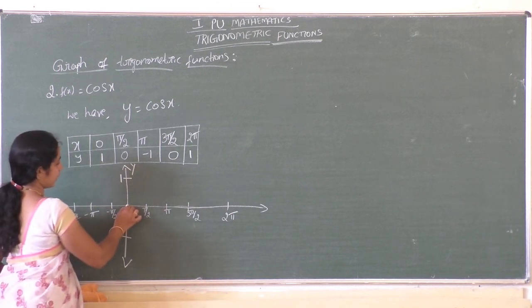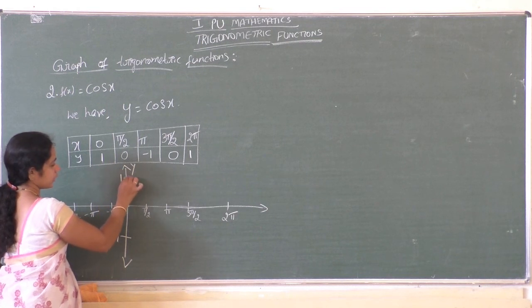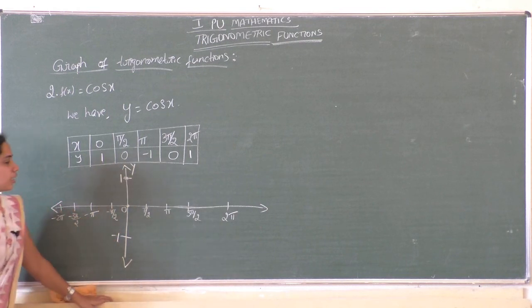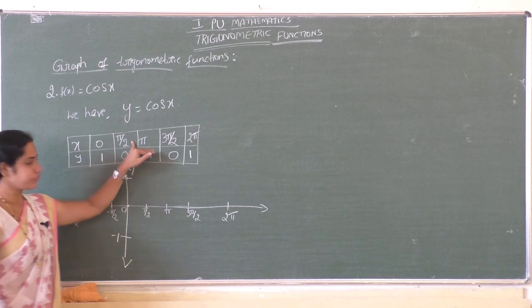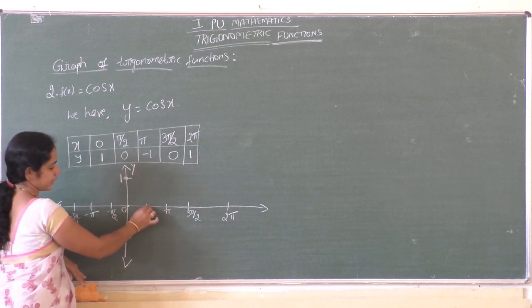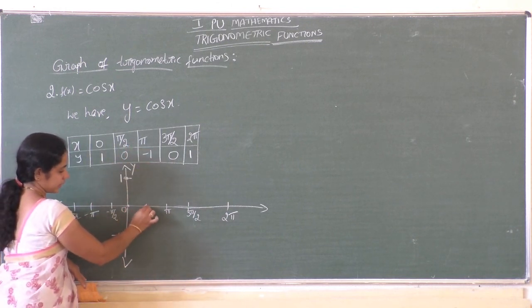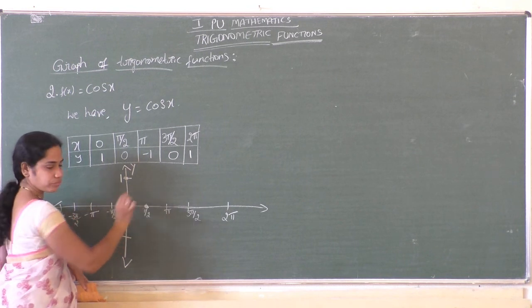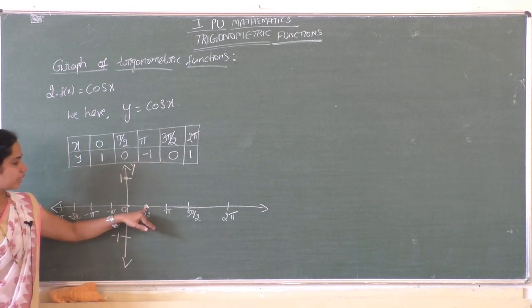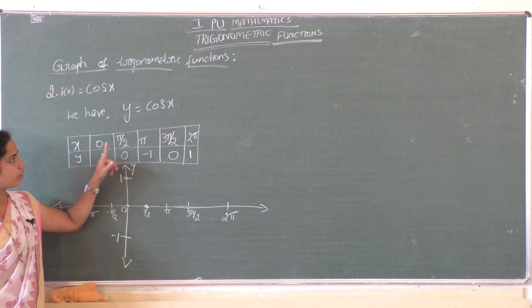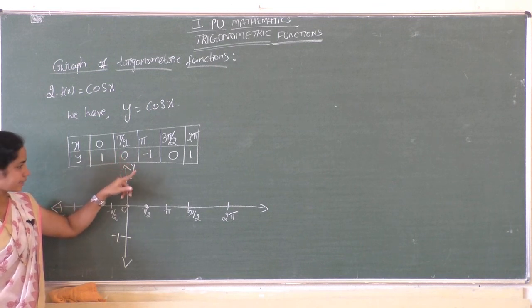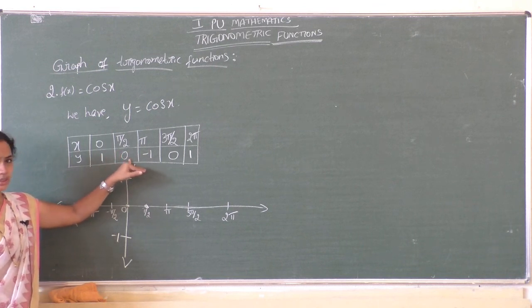For cos 0, what is the value? Cos 0 is 1. What is cos 90 degrees? Cos 90 degrees, that is cos pi by 2, is 0. That means the value of cos x decreases from 1 to 0.